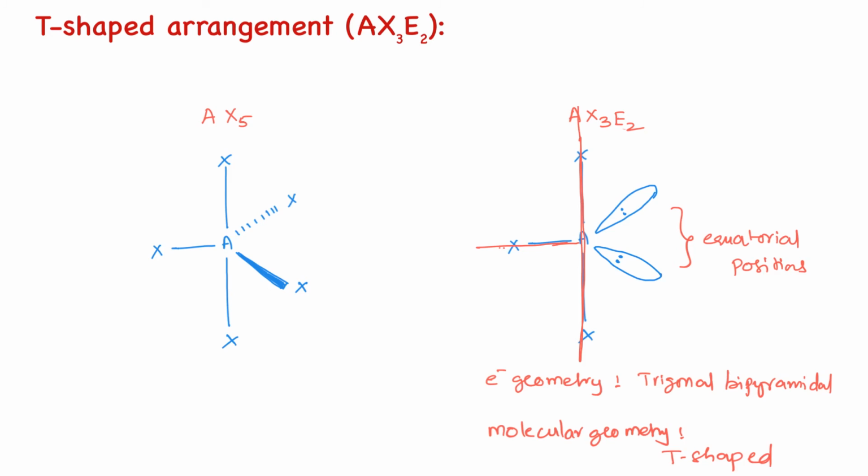That is, for AX3E2 type, the electron geometry is trigonal bipyramidal, but the molecular shape is T-shape. Examples of such molecules include ClF3, BrF3, etc.